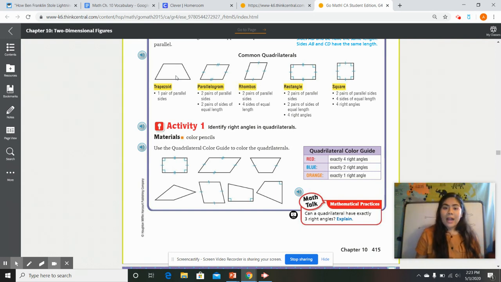Now a parallelogram, the next one, has 2 pairs of parallel sides. The top 2, these 2, and the 2 sides, okay? And 2 pairs of sides of equal length. So something to know about these little blue markings that you see.